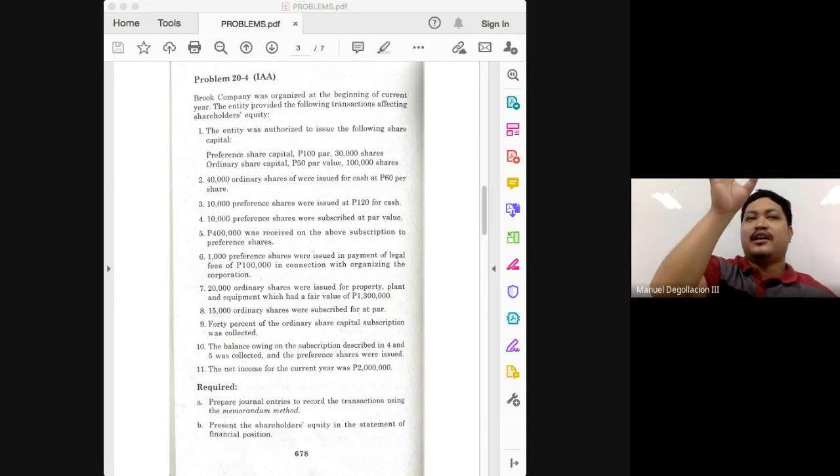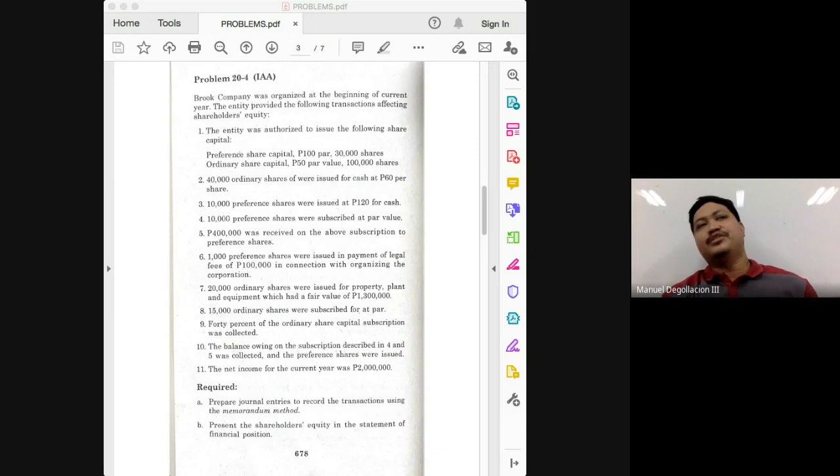Your subscribed share capital account is only a holdover account. Until it's fully paid, it will remain there. Once it's fully paid, the amount will be transferred to your share capital account. So again, the second entry here would be debit subscribed preference shares and credit preference share capital in the amount of 1 million. And this is another source of error on the part of the students.